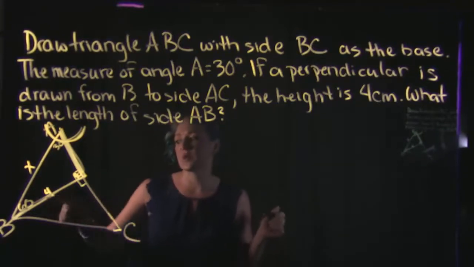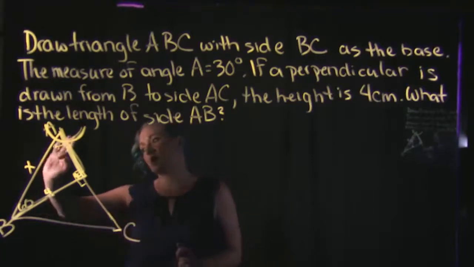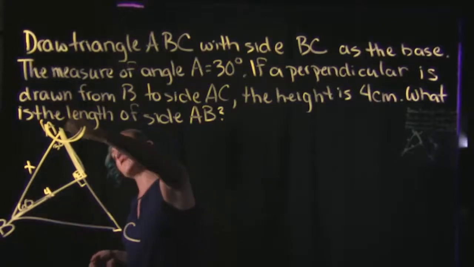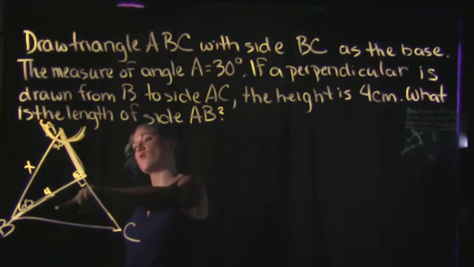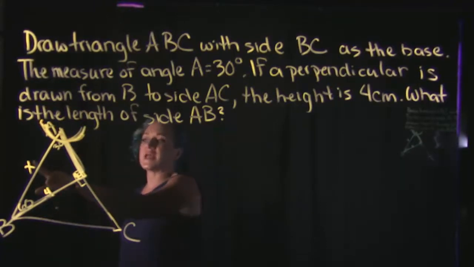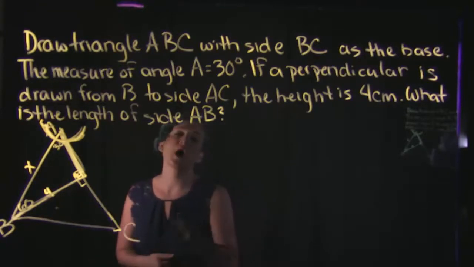For our particular triangle, we know the height is 4 centimeters. We need to solve for the hypotenuse. So in reference to angle 30, this 4 would be opposite angle 30. And then this x is where the diagonal is. Remember, the diagonal is always the hypotenuse.